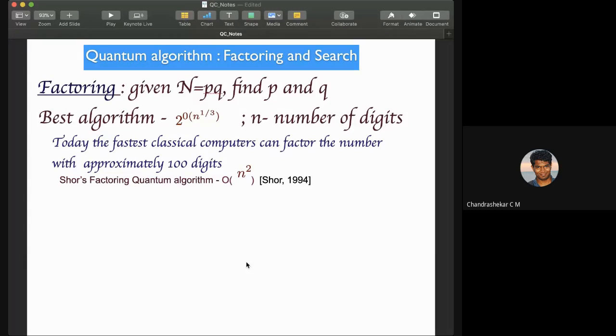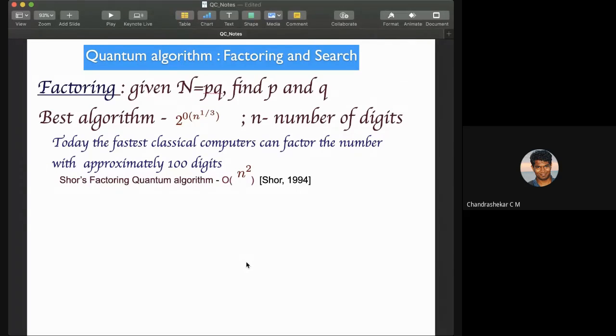process in any classical algorithm. In fact, it is said that for large numbers, no existing classical computing capacity today can do it in real time. That's why we call all of our security RSA cryptography, and various such things, where factoring itself is used as security for our information.